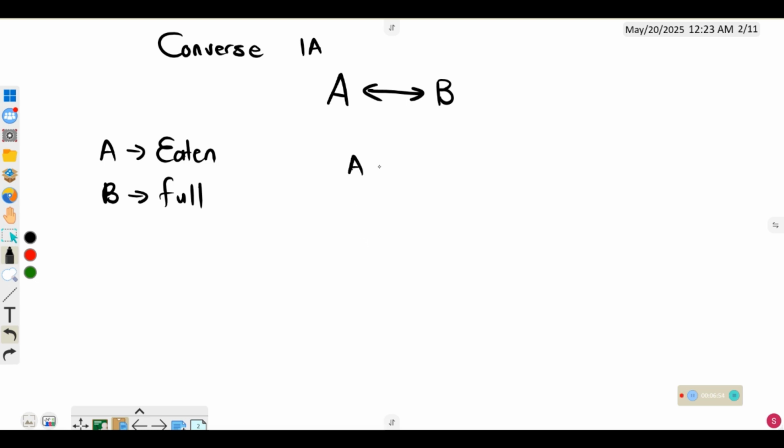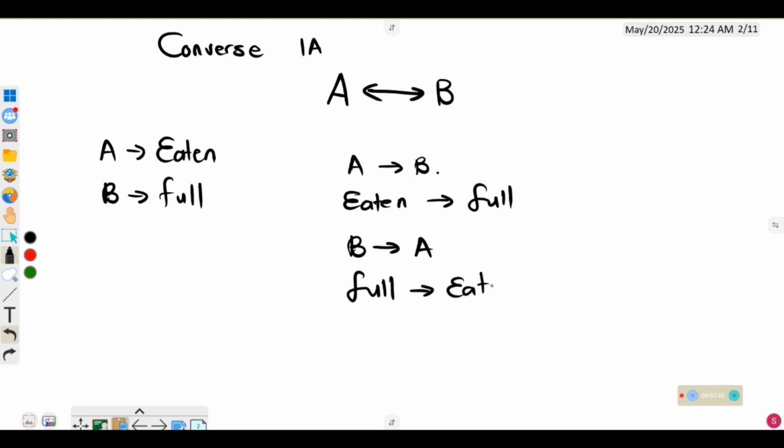So A implies B simply means that if you have eaten, it means you are full. And then B implies A, because the opposite should also be true. That's what a converse means. B implies A as well. It means whenever you are full, it means you have eaten. You see how it holds. So that's what a converse really means.